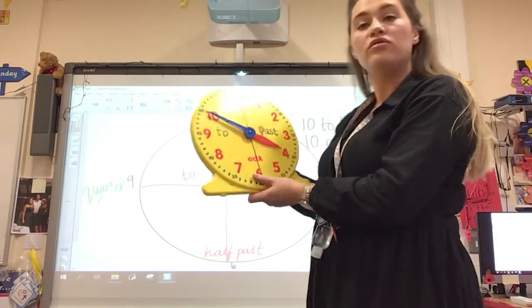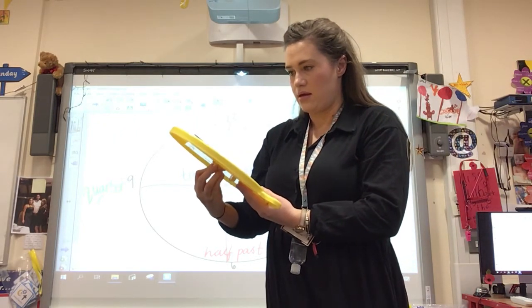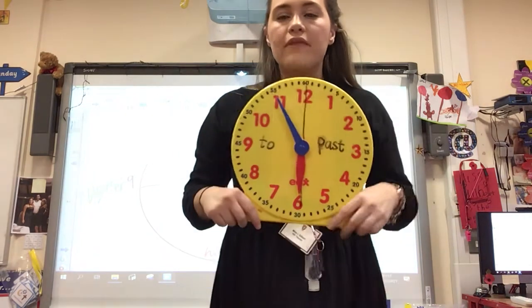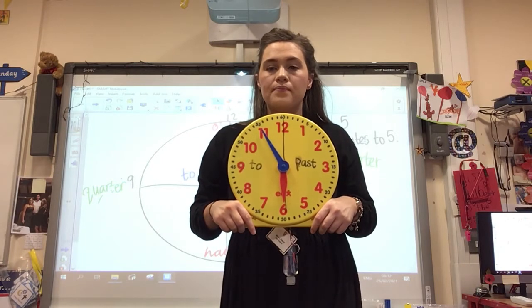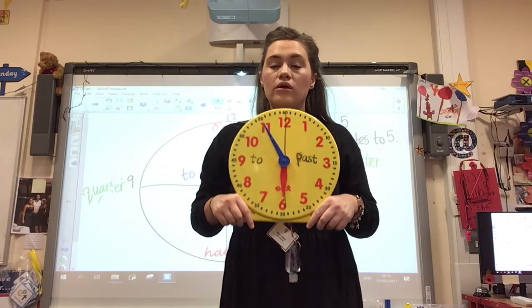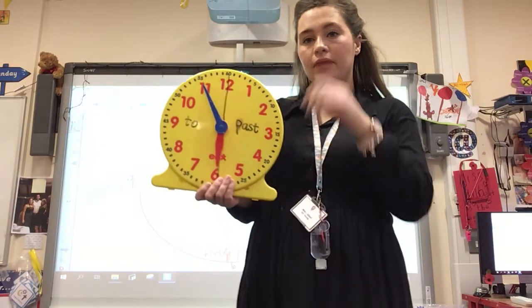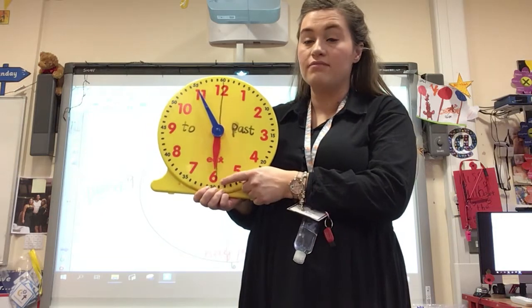Okay? And we'll do one more. There we go. So, have a look at that hour hand, see where your hour is, and see how many minutes to that hour your clock is saying. So, having a look at our hand, which is the shorter hand, it's at 6, nearly at 6.